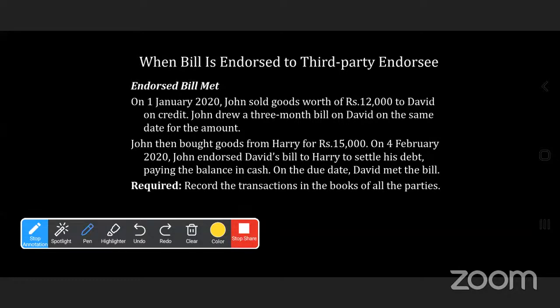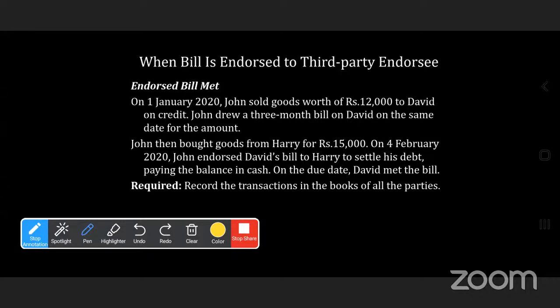Next, John again bought goods from Harry for rupees 15,000. On 4th February 2020, John endorsed David's bill to Harry to settle his debt, paying the balance in cash. So see here.